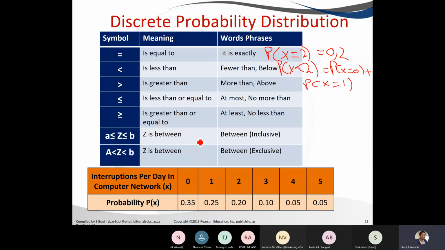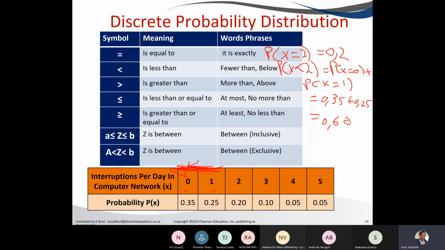Because it says fewer or less than, and the only values less than 2 are 1 and 0, not including 2. Therefore, this will be 0.35 plus 0.25, which gives us 0.60. And that is the probability of less than.